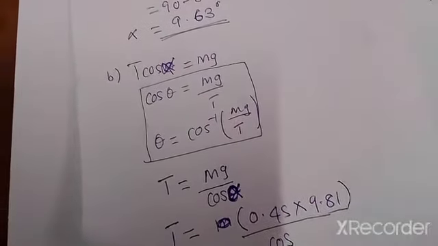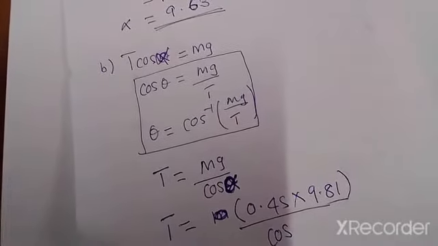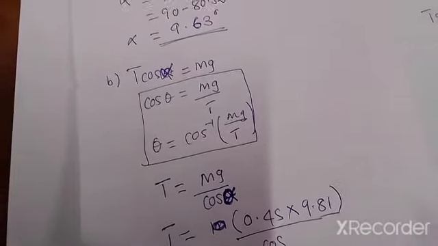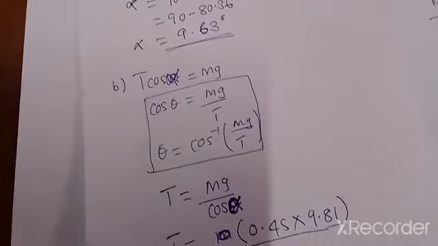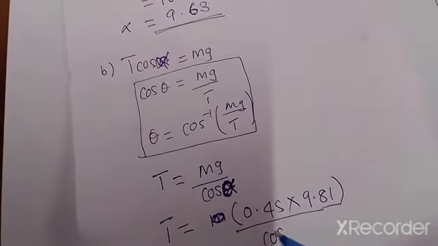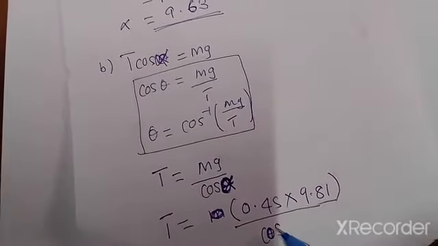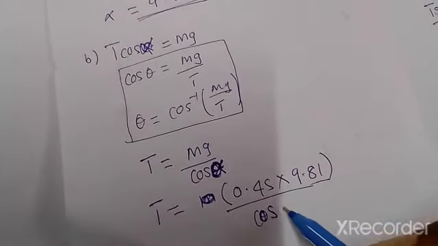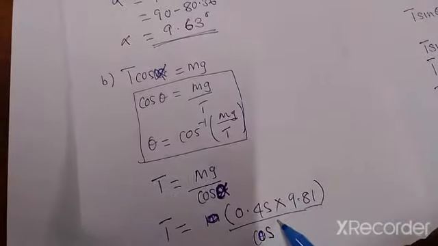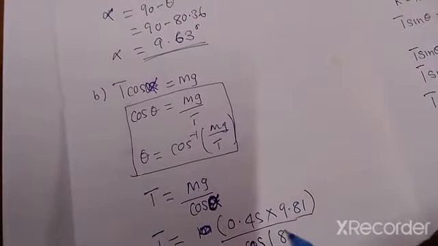I have to stick with what I used to find the angle, because either way the tension will be the same. So cos theta is going to be equal to cos of the value we found, which was 80.36.